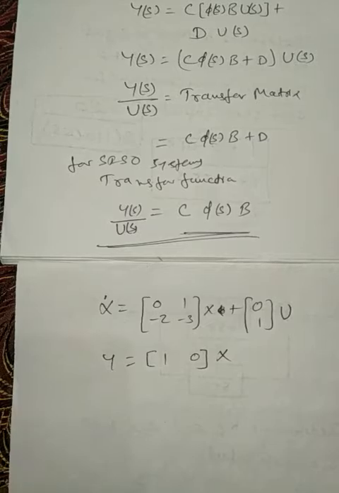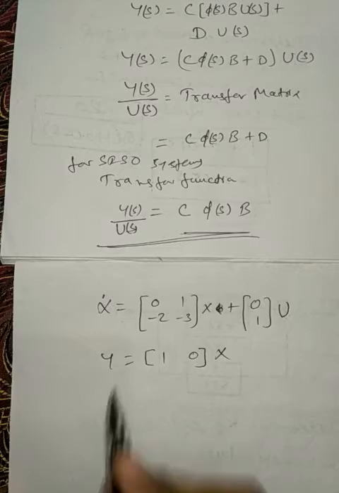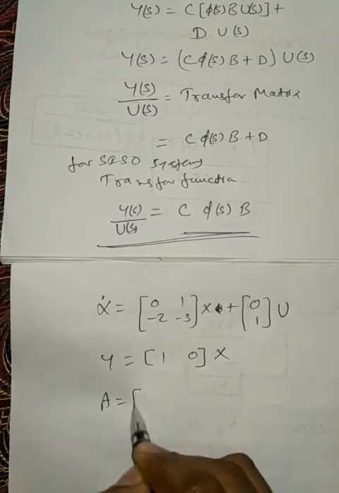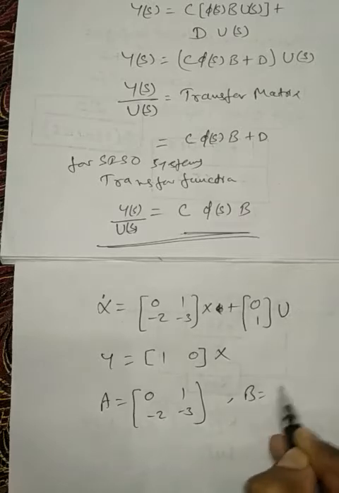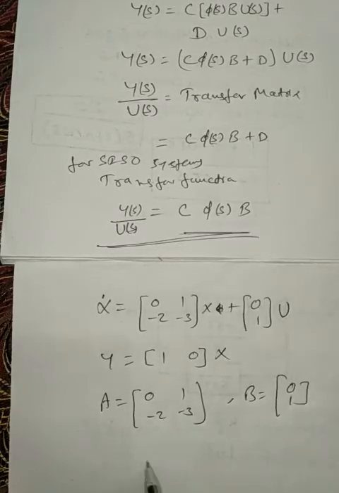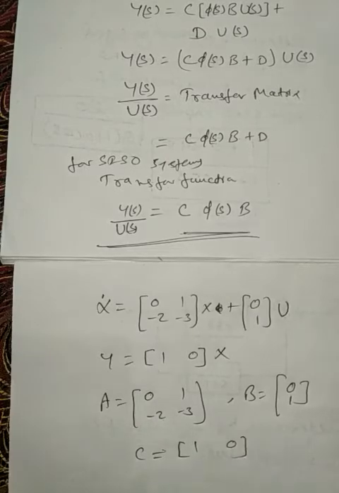And I have to find out the transfer function of the system. So first of all, find out the matrices. Matrix A is [0 1; minus 2 minus 3], matrix B is [0; 1], and matrix C is [1 0].